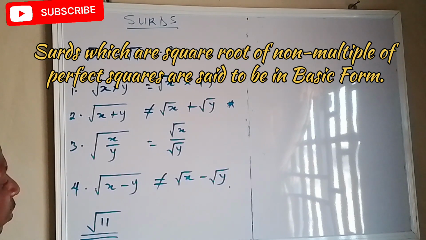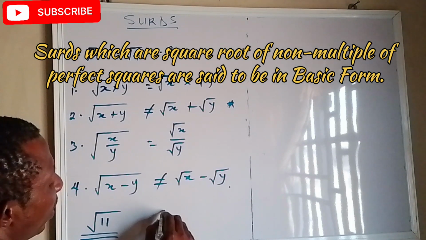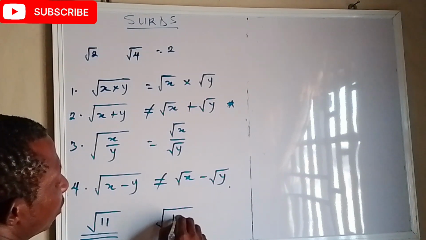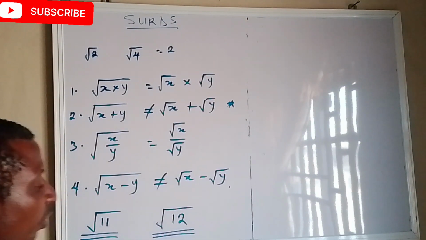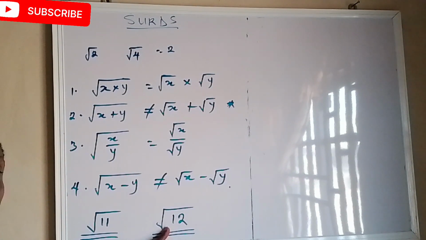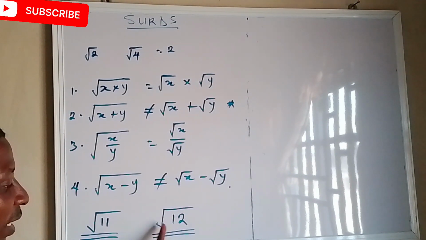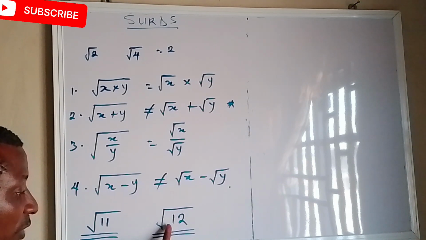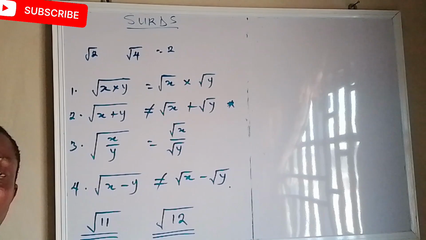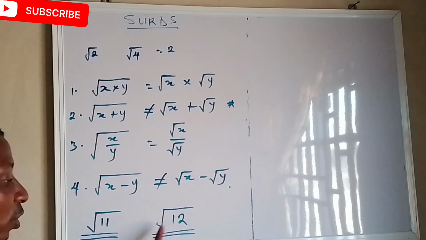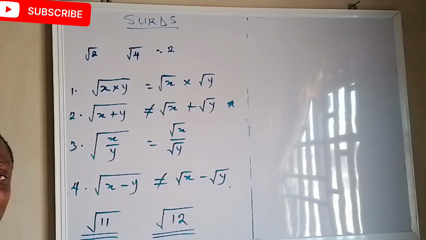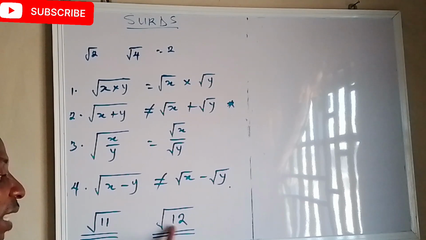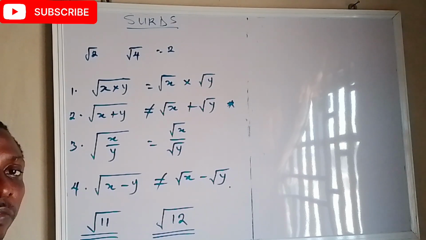Now let's look at the square root of 12. The square root of 12 is not in its basic form because it can be expressed as a multiple of a perfect square apart from 1. So this 12 is going to be 4 times 3, where 4 is the perfect square.